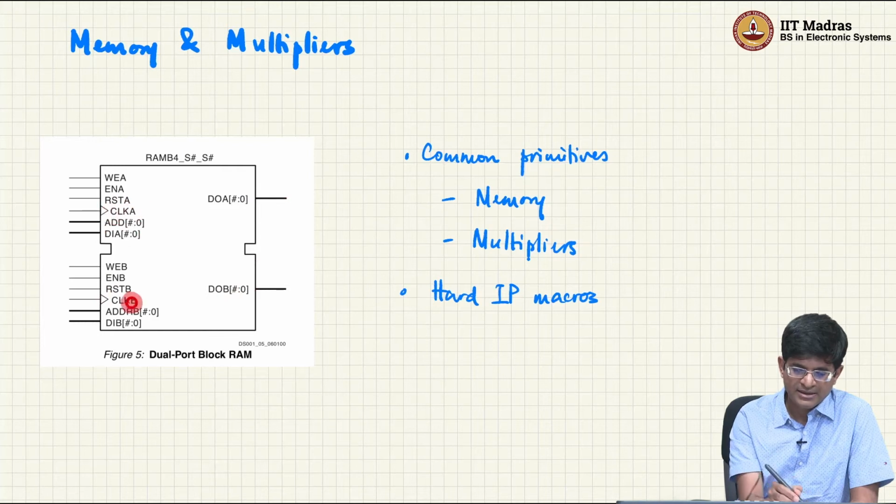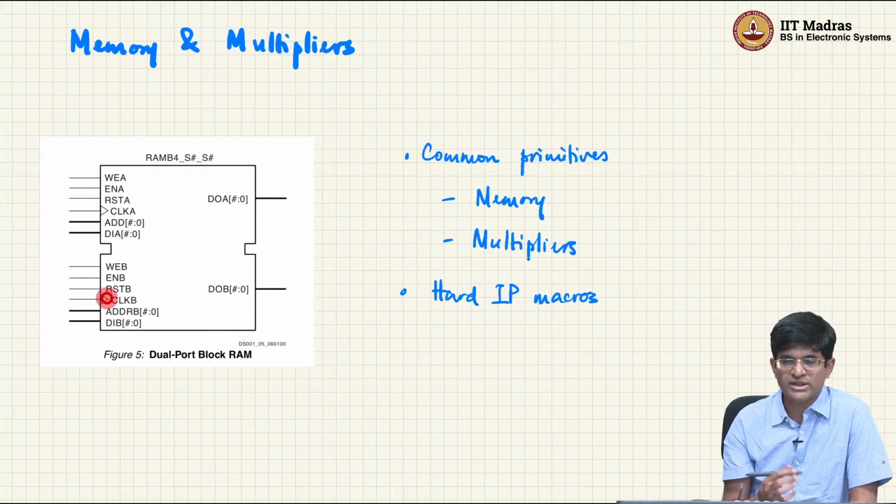Separate addresses, there is an address A and an address B, and there is also a write enable A, write enable B, enable A, enable B, and you could potentially even have different clocks and run the 2 ports at different speeds. Effectively, you can do something like writing 2 values into a memory block in the same clock cycle, or writing in one location and reading out from another location in the same clock cycle.